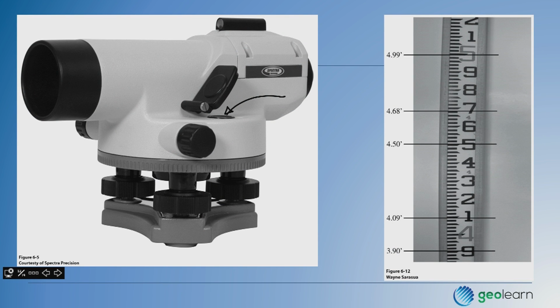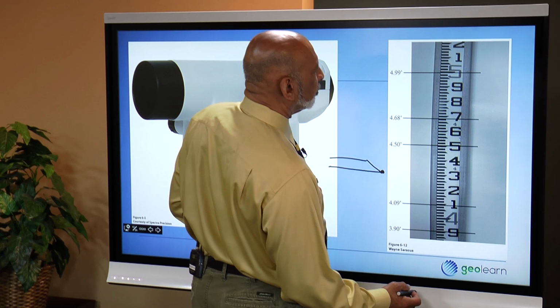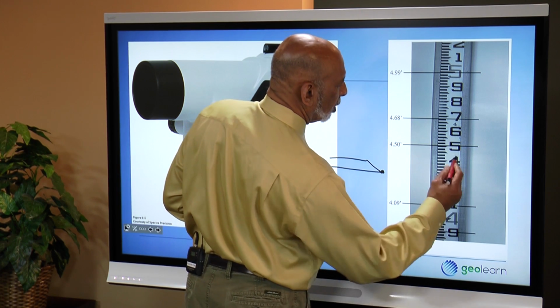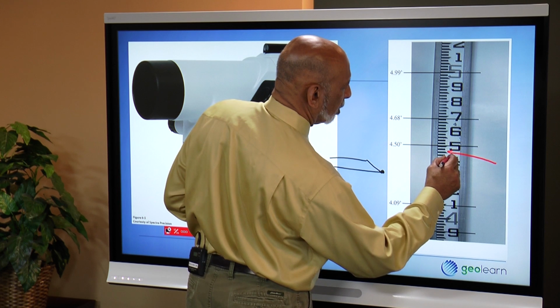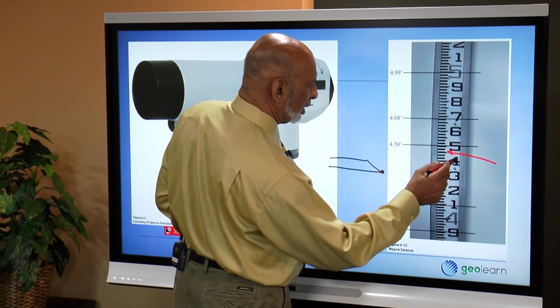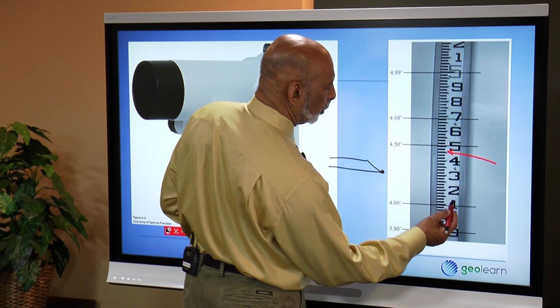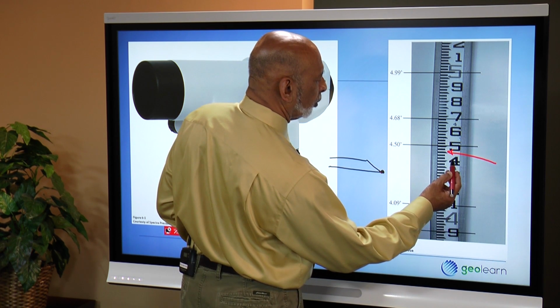I will say this, that when you have a point that looks like this, it's usually 5/100ths of a foot, if it's on the bottom, between 2/10. So for example, over here, the bottom of that graduation, where here's 4 feet, so it's always 0 at the bottom, so 4.1, 4.2, 4.3, 4.4.